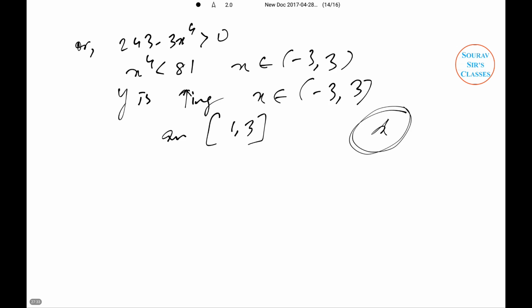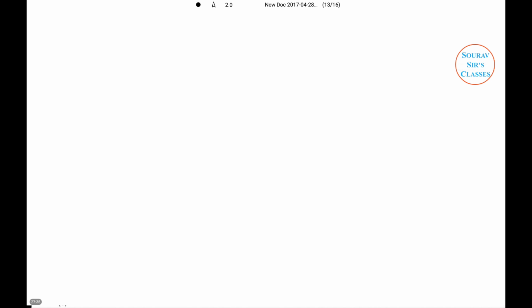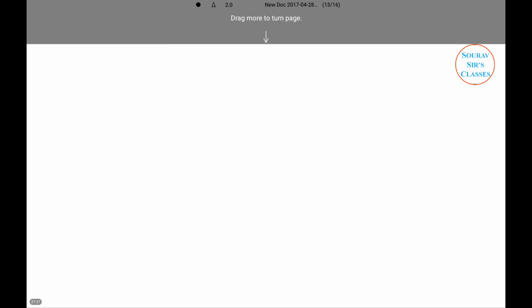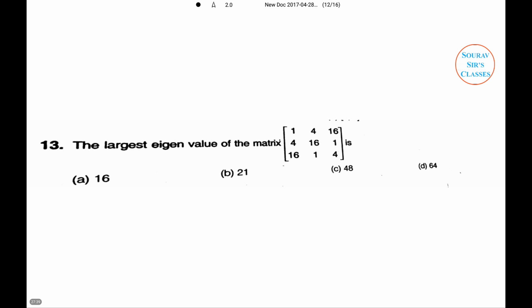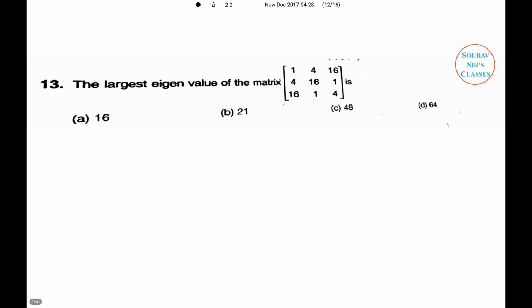Now we have to get back to question number 13. Largest eigenvalue. You see that it's a 3 into 3 form.